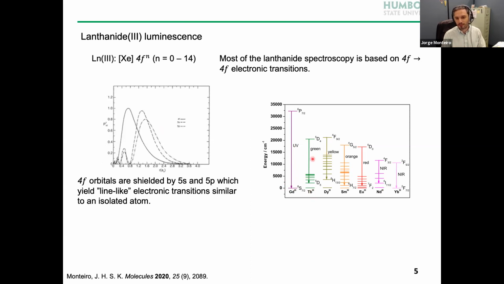Terbium is centered in the green, dysprosium yellow, samarium orange, europium we start moving to red, and then neodymium and ytterbium we will fall in the NIR. So picking the metal will allow us to pick the emission wavelength, so we can combine several metals to get emission in several wavelengths of the visible or even NIR spectrum.